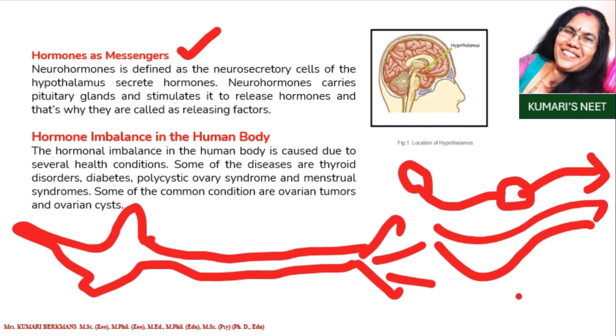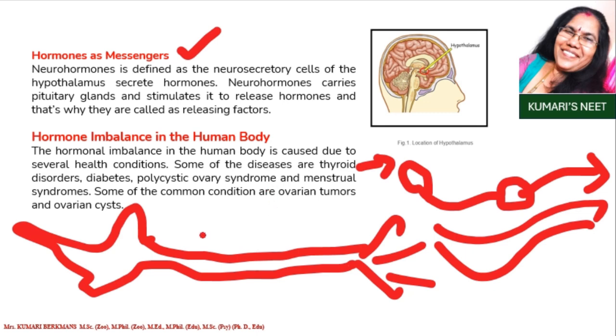So some diseases are thyroid disorder, which we have often heard about, and diabetes. Thyroid disorder means that if the thyroid gland does not function in a normal way, we get some disorders. Diabetes means that if insulin is not secreted in a proper amount, we get diabetes. Polycystic ovary syndrome is regarding the ovaries.